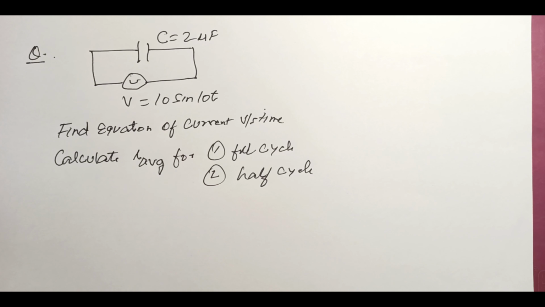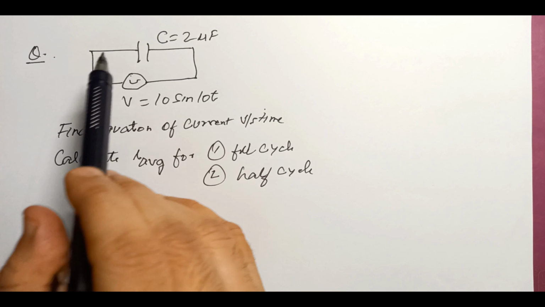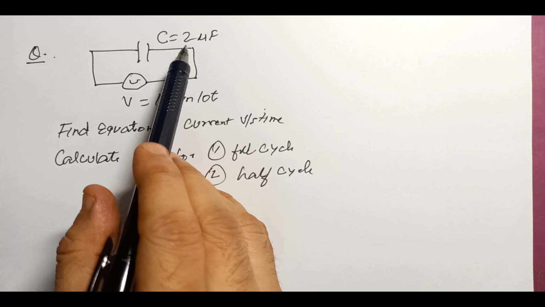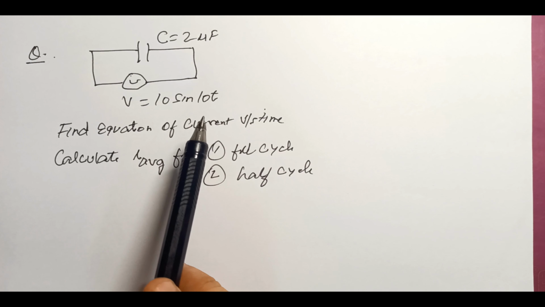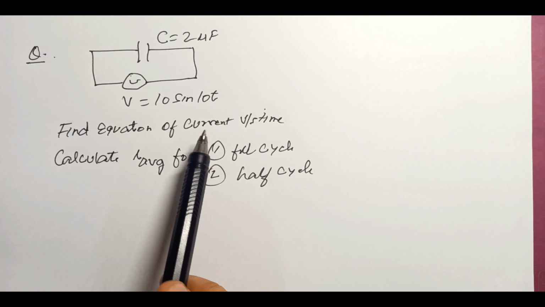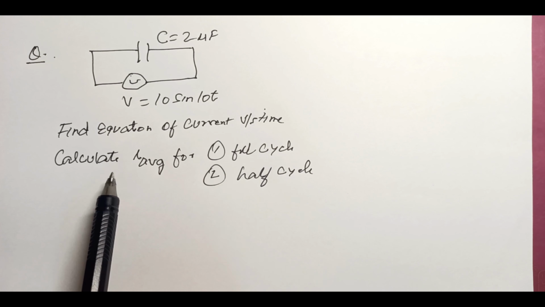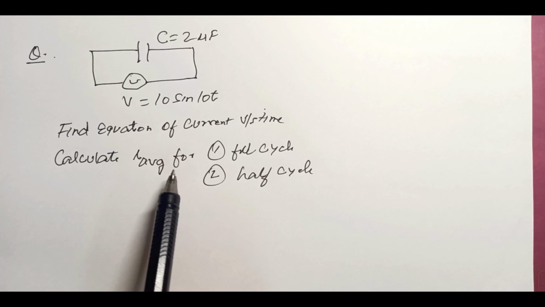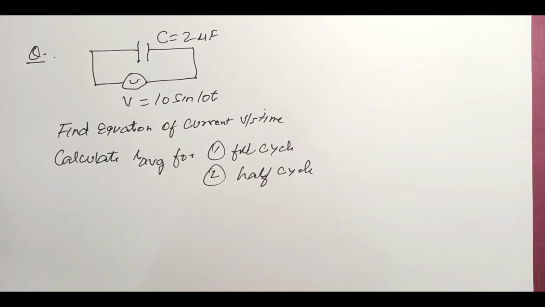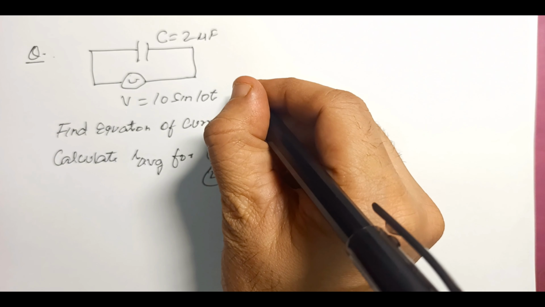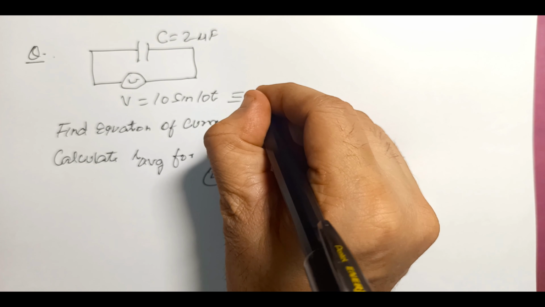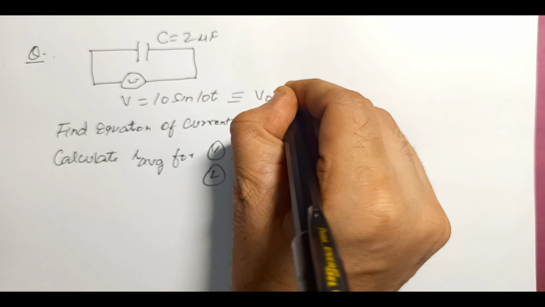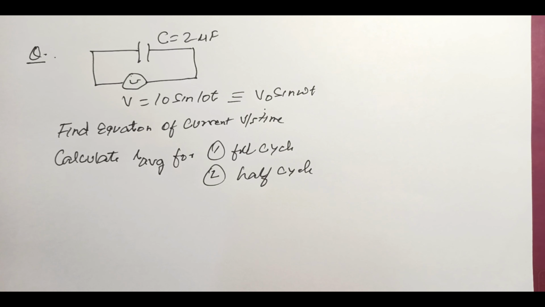So let's now try to attempt this question. This is the circuit. We have been given capacitor as 2 microfarad and voltage is 10 sine 10t. We have to find the equation of current versus time, and we have to calculate I average for full cycle and half cycle. Let's do it one by one. Let's compare this first with V naught sine omega t, correct?